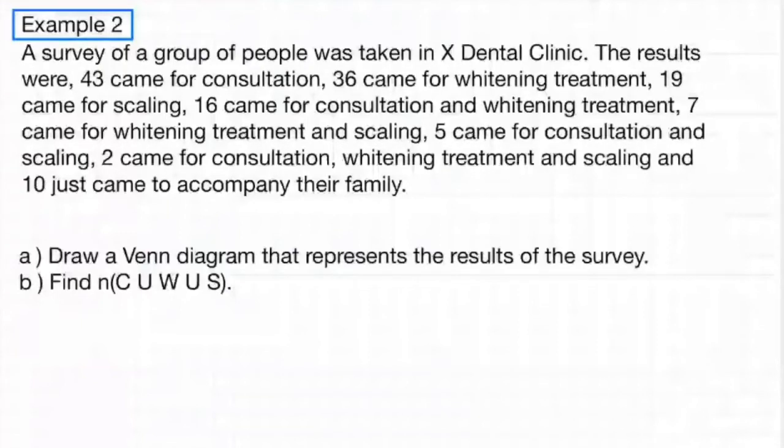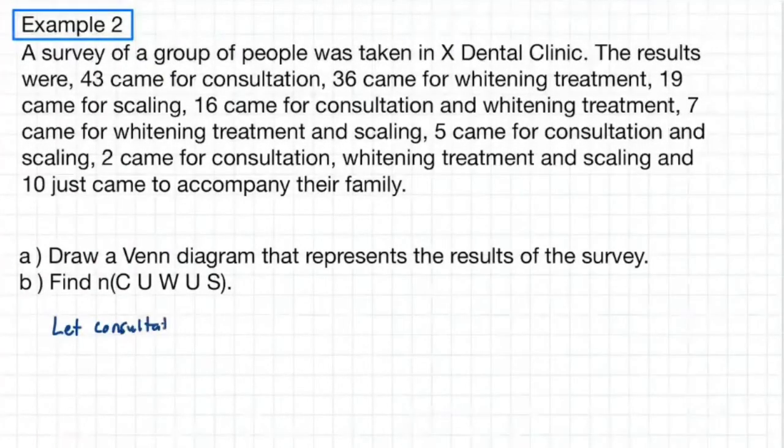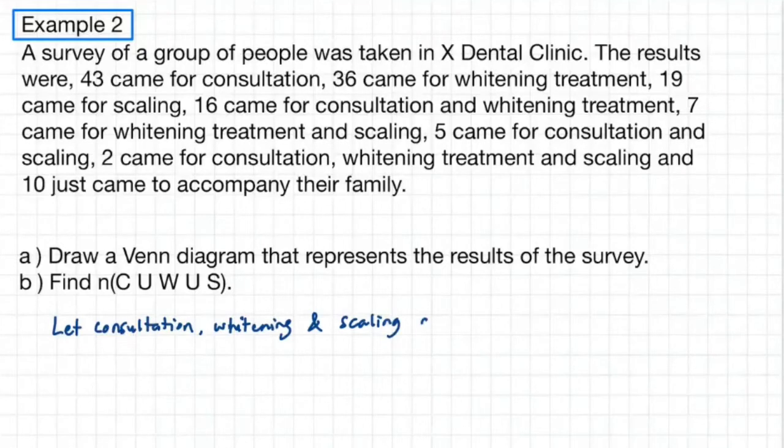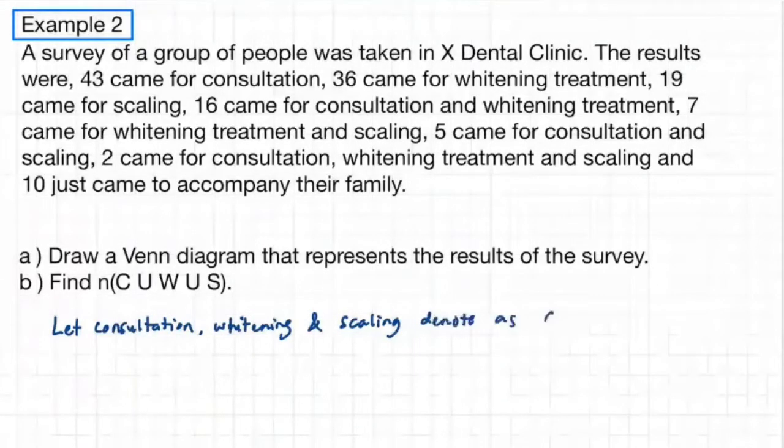Okay, first you have to take out all the information in the simpler form. Let consultation, whitening treatment, and scaling be denoted as C, W and S respectively.